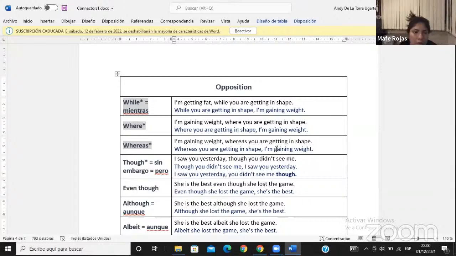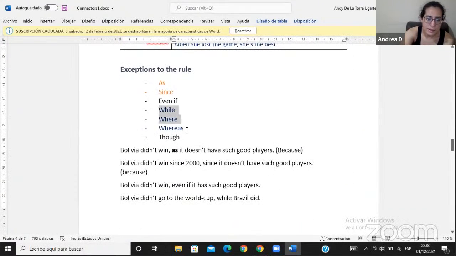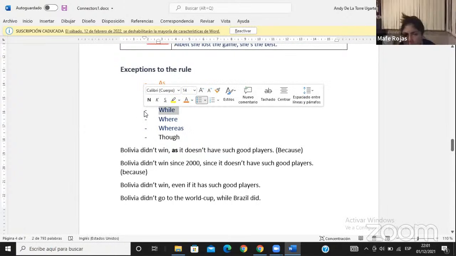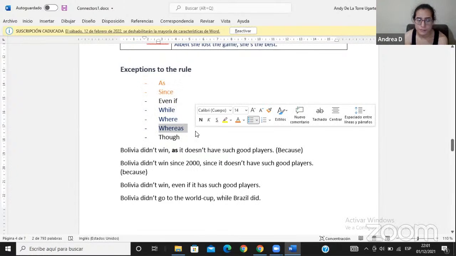Or I'm gaining weight where you're getting in shape, or whereas you're getting in shape. So the three of them mean exactly the same. There is no difference between these three. Usually, while is the most common, probably informal one, and whereas will be the most formal one.